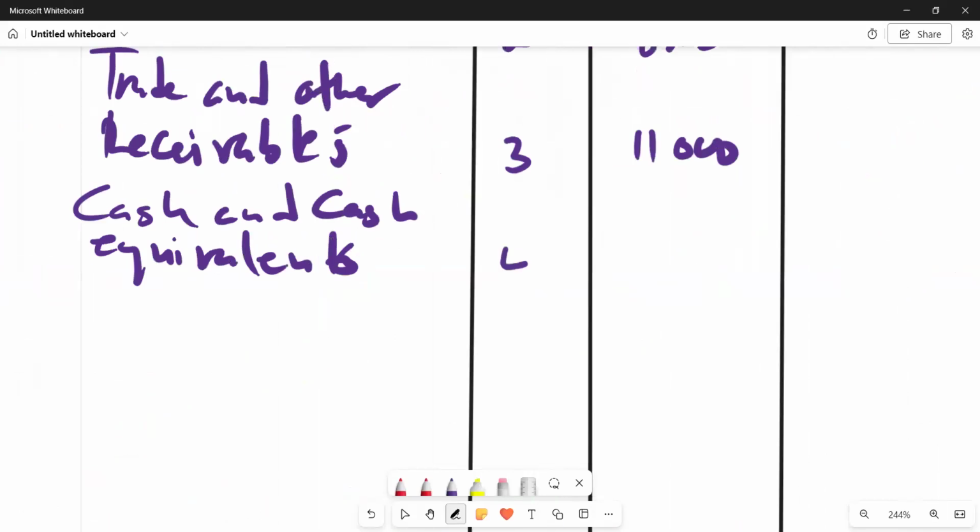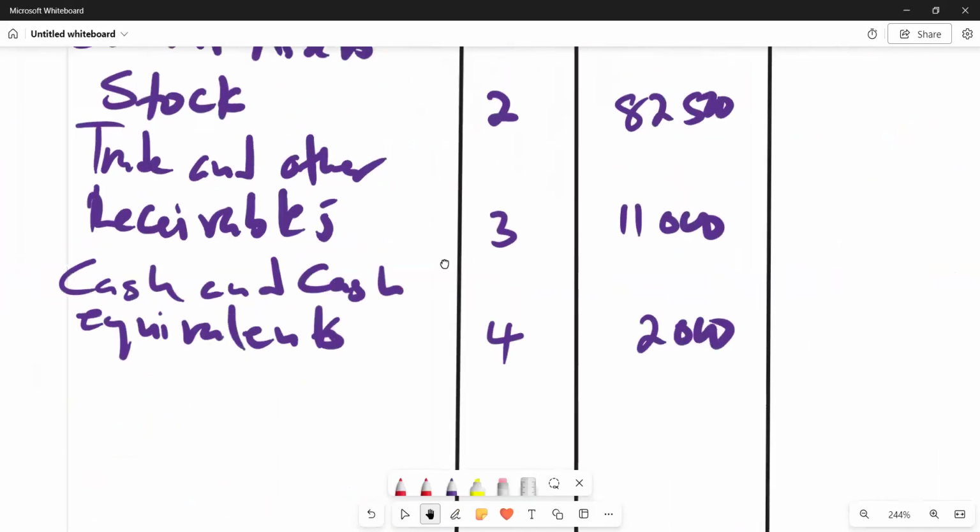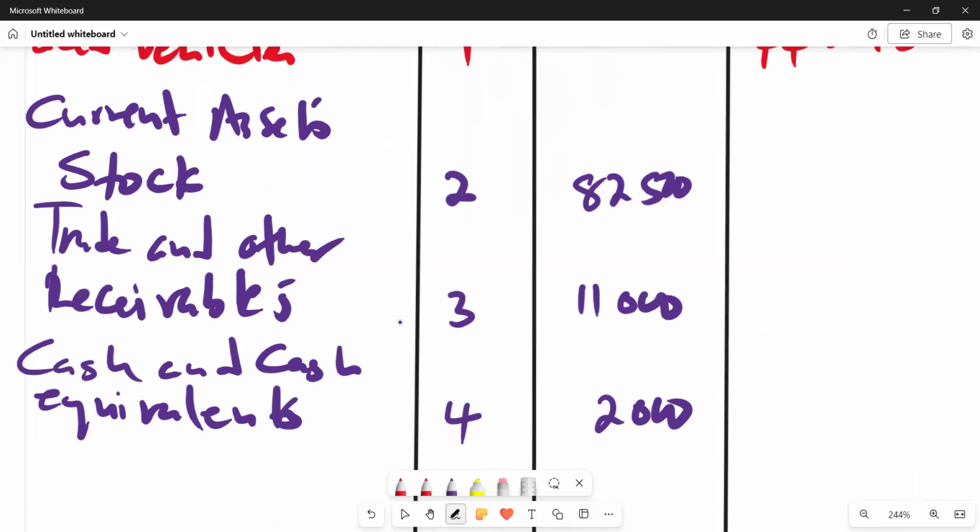So we are saying the total is 2,000. So we're going to put our 2,000. This marks the end of our current assets. Now we can add to get the total for our current assets, whereby we are saying 2,000 plus 11,000 plus 82,500, and then the total that we are going to get there is 95,500.